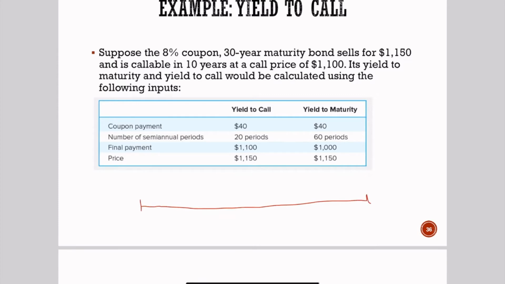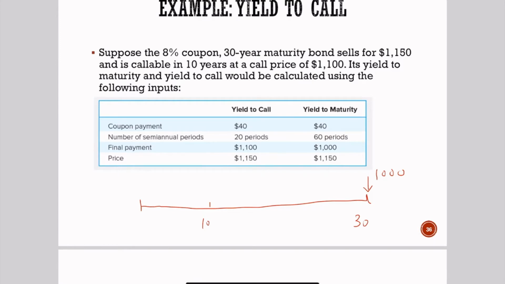So basically, this bond has a 30-year maturity, right? So this is the 30-year. And if this bond can be held until the 30-year maturity, then on the final date, you will get the par value, assuming there is no default. So the payment is 1,000. But now, this bond is actually callable in 10 years.